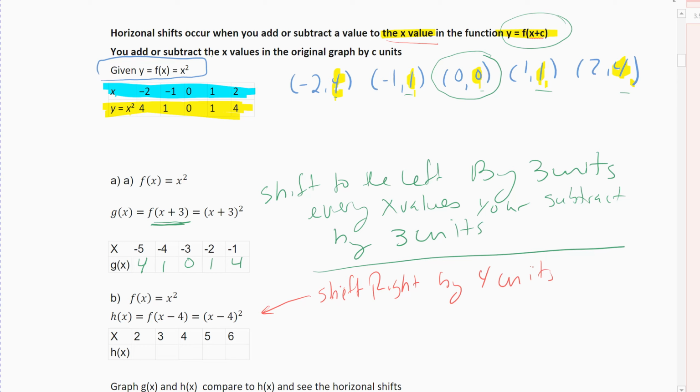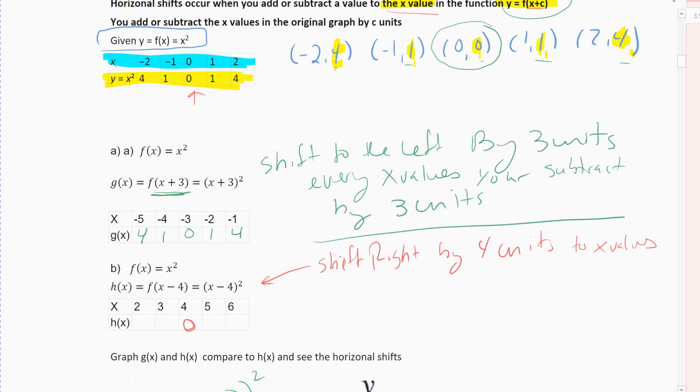The easiest way is to look at the 0. If I want to get back to the 0, well, what do I have to plug in here to get 0? I have to plug 4 in there to get my 0 out. And so I had to add 4 to get back to where I was. So I shifted to the right, the positive side, 4 units to the x values.